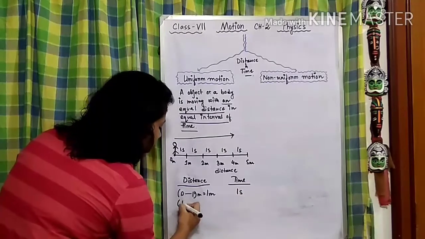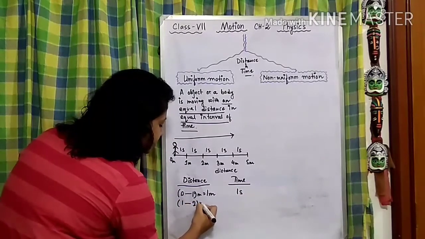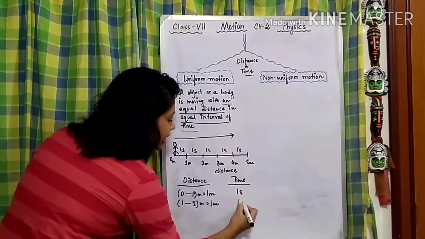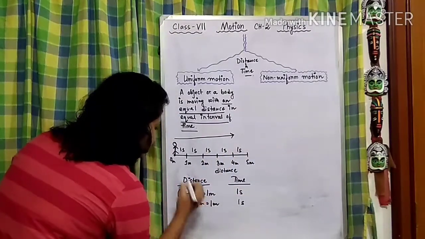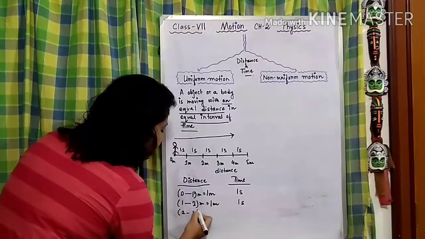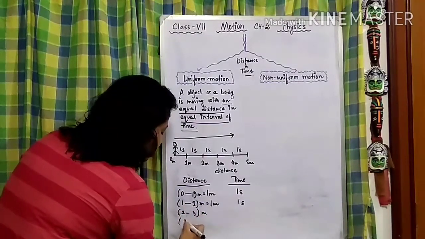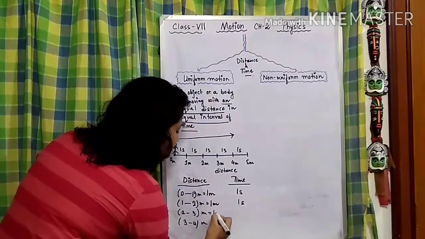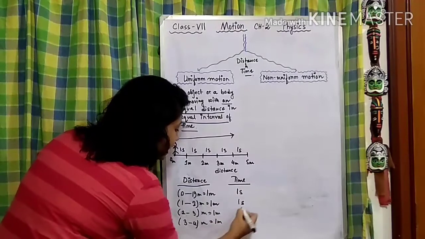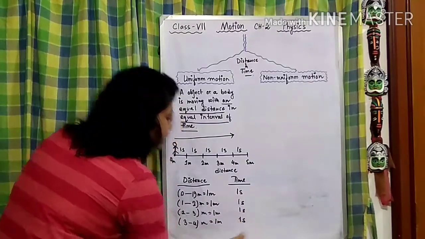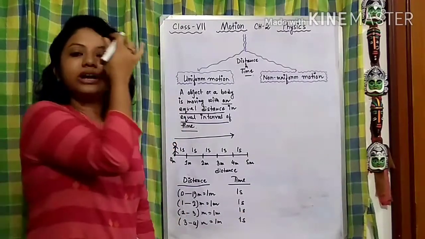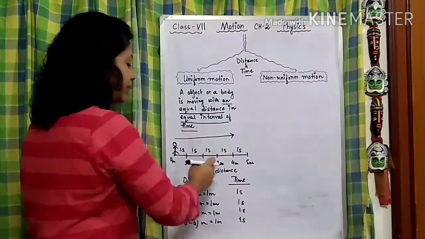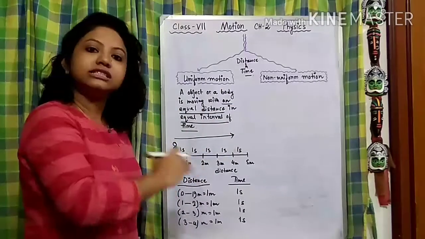Once again from 1 meter to 2 meter, he went 1 meter in 1 second. Similarly from 2 to 3, from 3 to 4, for every meter he crossed, he took 1 second. So you can see that there is a uniformity in this motion, as 1 meter is crossed in 1 second.